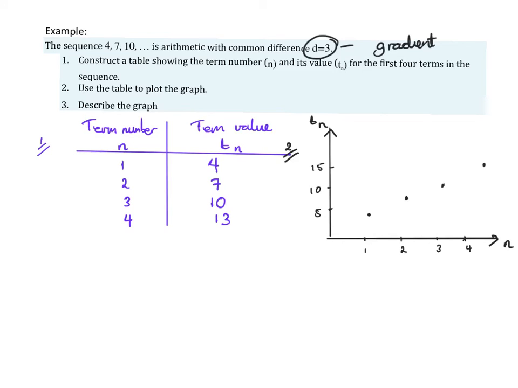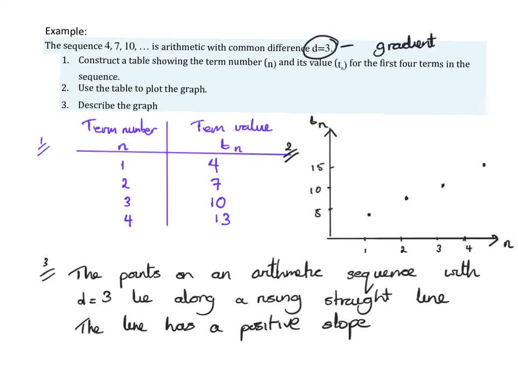Part 3 there asks us to describe the graph. Well, we've already talked about the fact that it has a positive slope because we have d equal to 3, or our gradient equal to 3. And therefore, we could probably make this statement. So the things that we want to include in our statement is the fact that it is a straight line and not a curve.